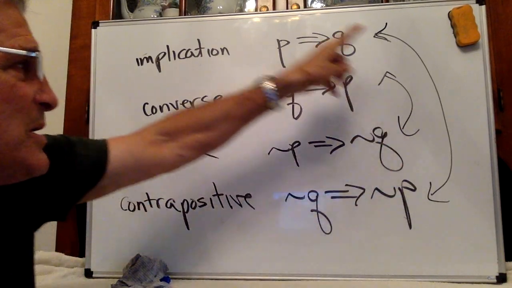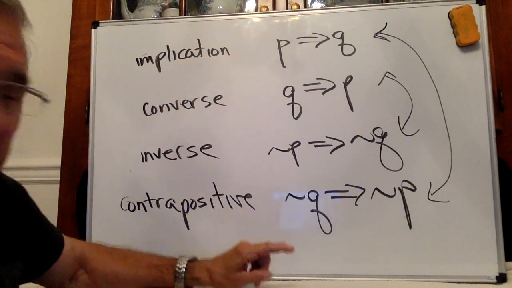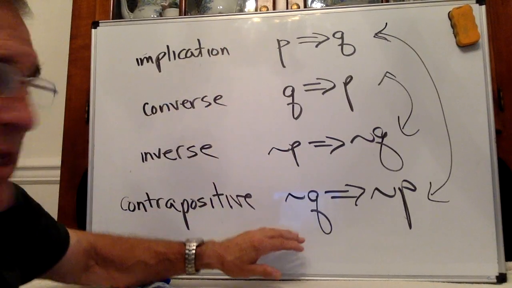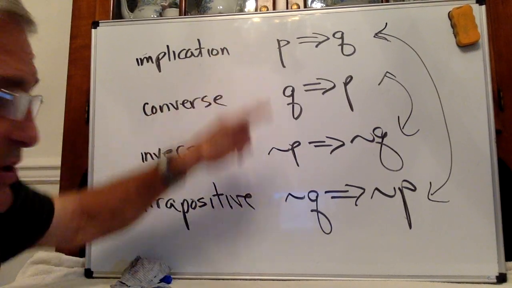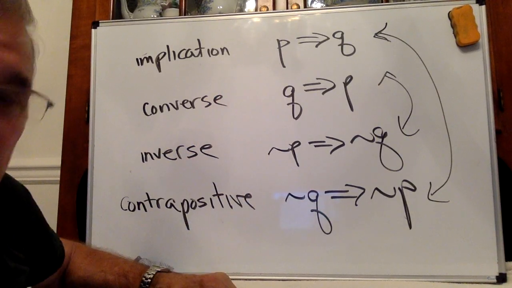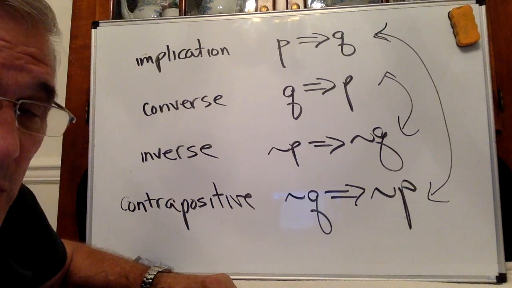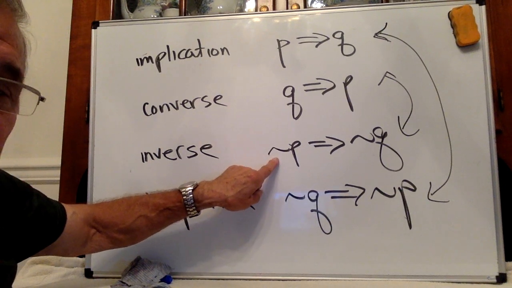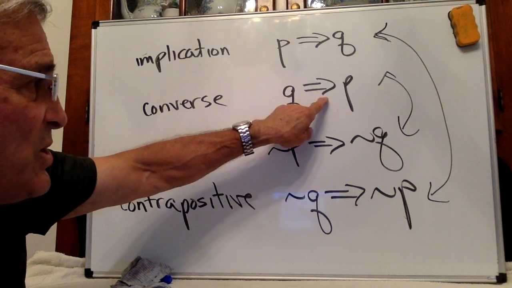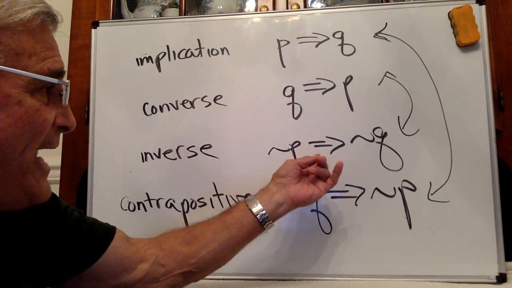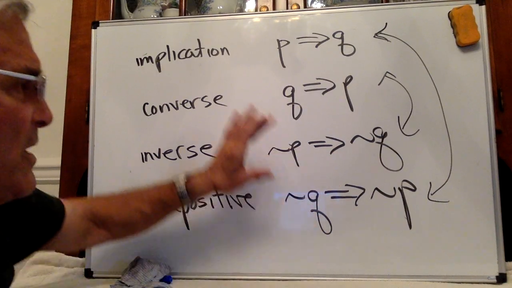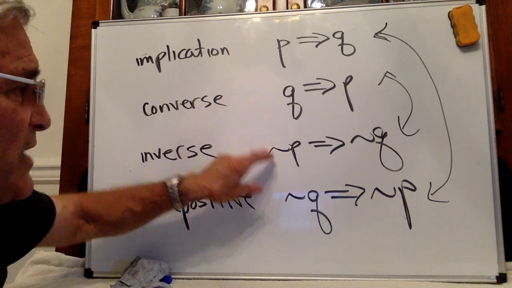These two statements, an implication and the contrapositive, always have the same truth value. If one is true, the other's true. If one is false, the other's false. The same is true about these. If the inverse of a statement is true, then the converse of the statement is also true. If this statement were false, when you turn it around and negate it, that is also false. The inverse will be false. So if this statement is true, that statement is true.